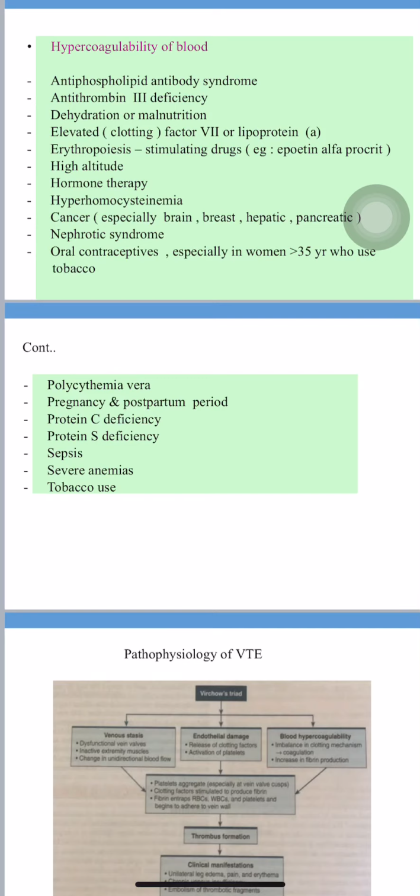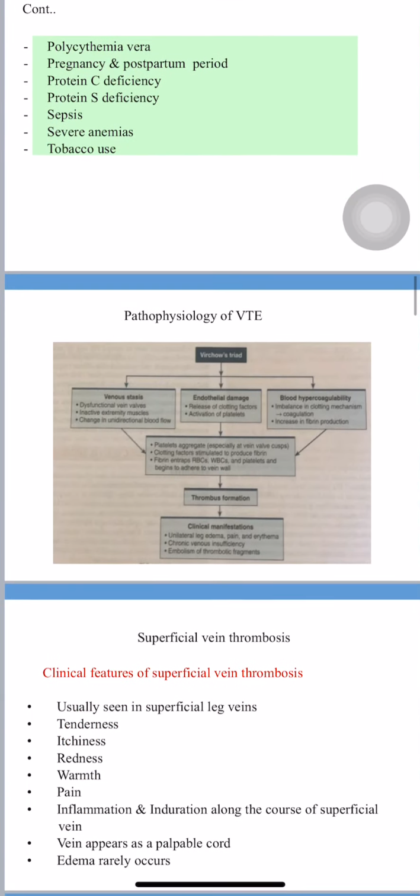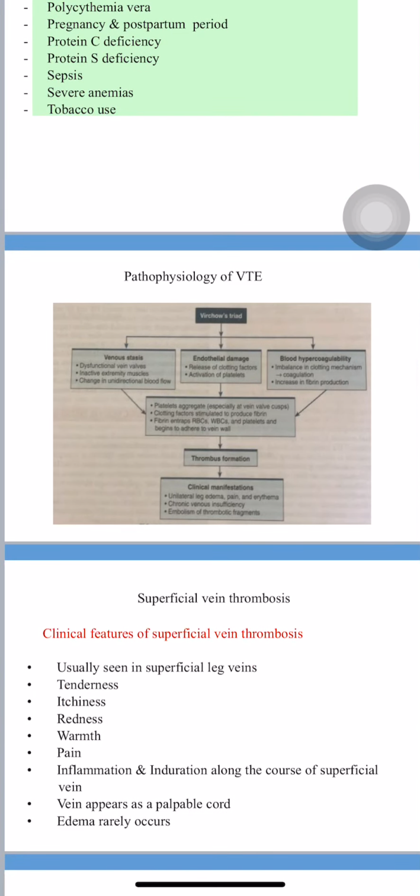Next we will see the pathophysiology of venous thromboembolism. Virchow's triad lists the three main etiological factors, and this is how they lead to thrombus formation. Venous stasis is mainly due to dysfunctional vein walls, inactive extremity muscles, and changes in the unidirectional blood flow.